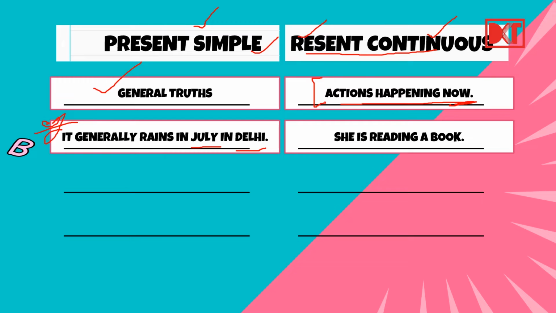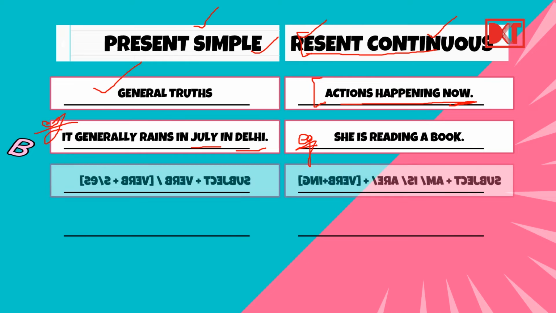She is in the middle of the process, right? The process is still going on. So present simple for general truths like it generally rains in July in Delhi, and then present continuous for actions happening now. For example, she is reading a book. All right, now let's see next.